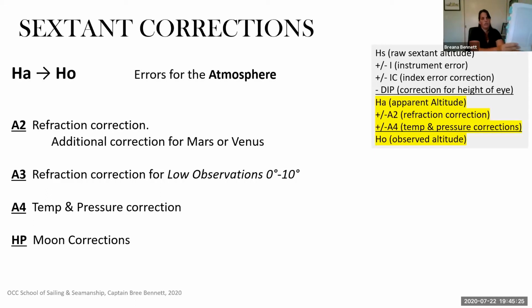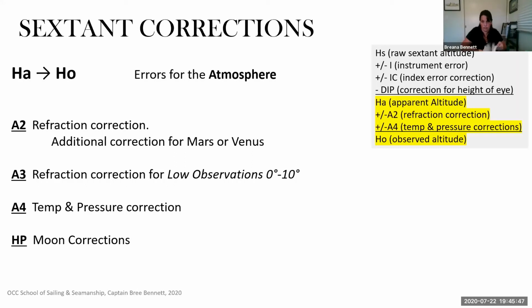You have your moon corrections, or your HP correction, because the moon is so close to the Earth. We have our horizontal parallax right here. Again, we go in with our apparent altitude, our HA.